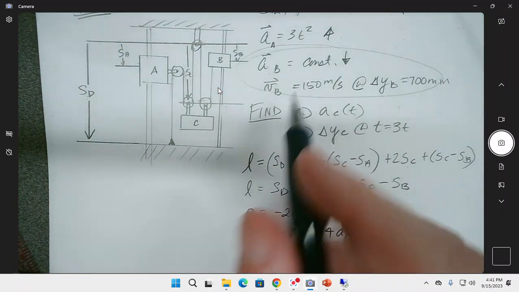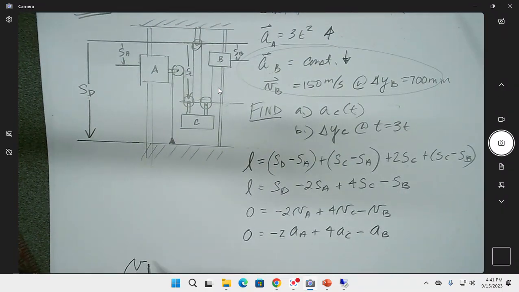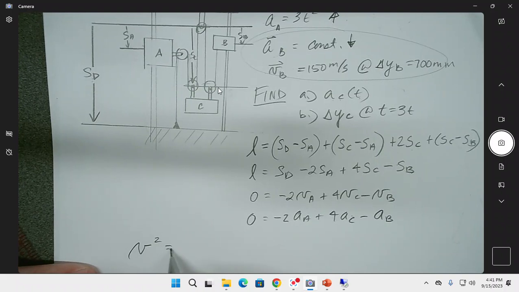It starts from rest, so you could use the equation that the velocity squared is equal to the original velocity squared plus 2 times the acceleration times the change in position.